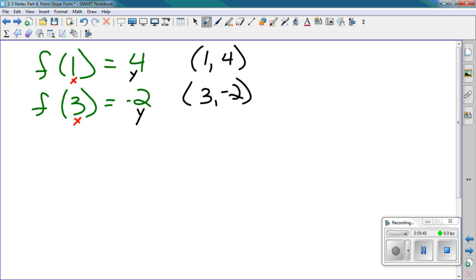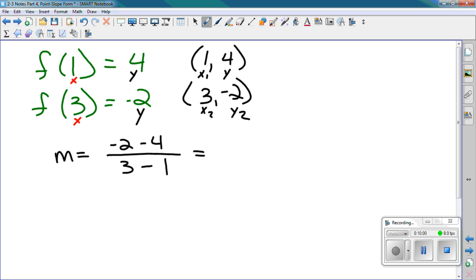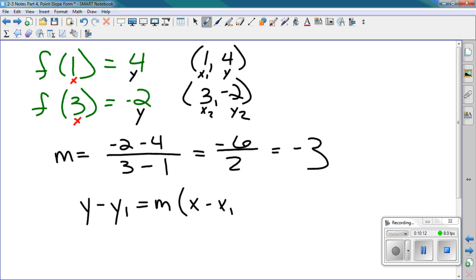So I have to find my slope first. My m is, what are my points? x1, y1, x2, y2. So I have negative 2 minus 4 over 3 minus 1. Go ahead and write down your point slope form. Y minus y1 equals m times x minus x1.